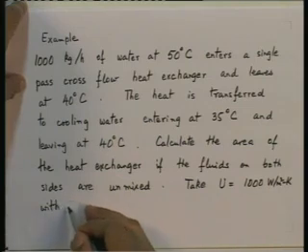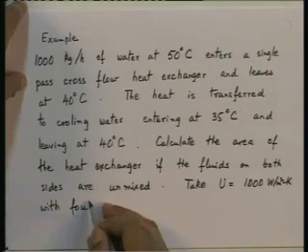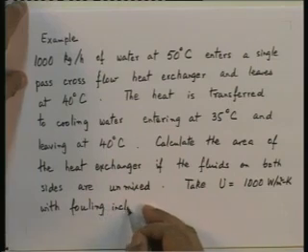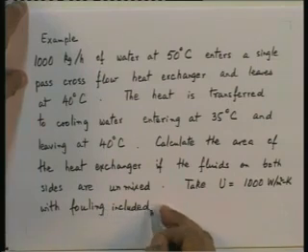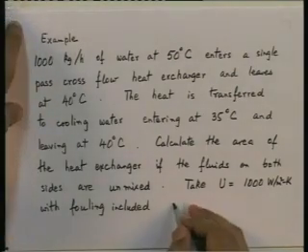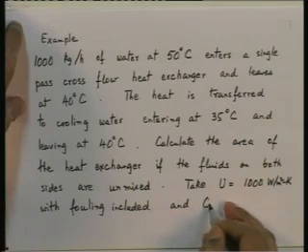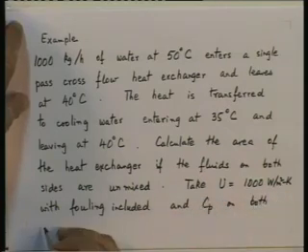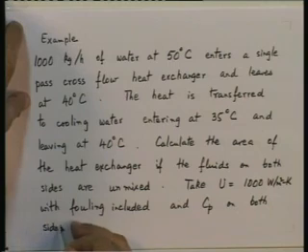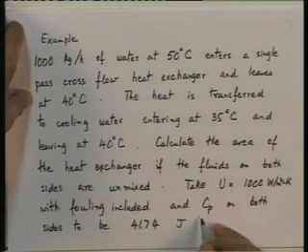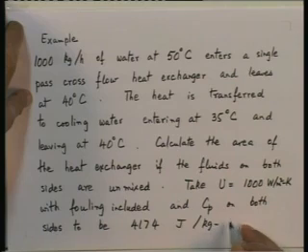That means the effects of fouling are included in this value of U. Take the value of U to be 1000 watts per meter squared Kelvin and the value of Cp for water on both sides to be 4174 joules per kilogram Kelvin.